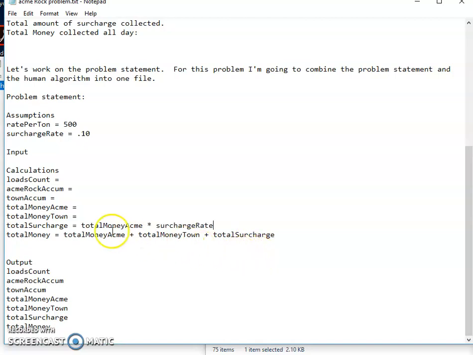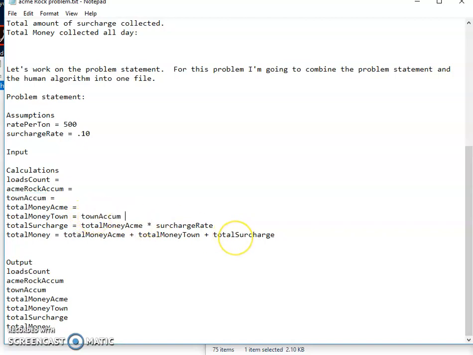Okay, that's done. How much money have we brought in from the town? Well, if I know how much rock they have moved, and I know that it's $500 per ton, or this is going to tell me how many tons, then I simply multiply them together. So the money for town is simply going to be the town accume, that's how many tons. I could have said ton accume, I guess.